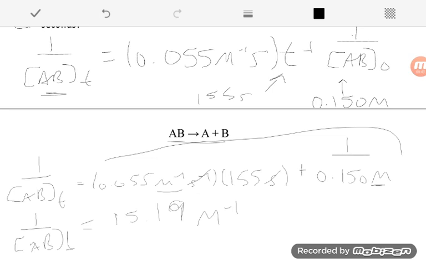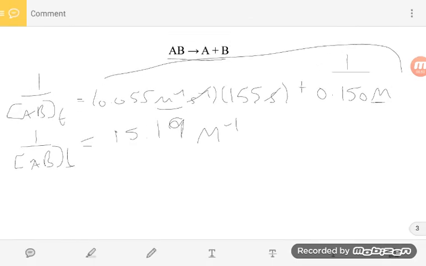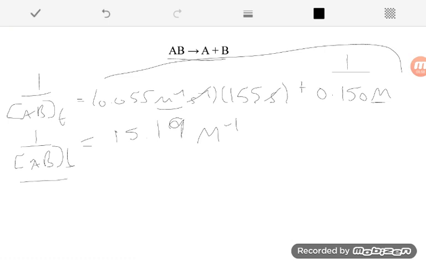Now, sometimes people will stop here. They're like, oh, okay, I isolated my variable and I'm good, but I'm not done yet because what I have right now is 1 over AB, and what I want is just AB after 155 seconds. So since this was 1 over, I need to take the inverse of both sides, raise both sides to the power of negative 1, so that'll turn this into just regular AB.